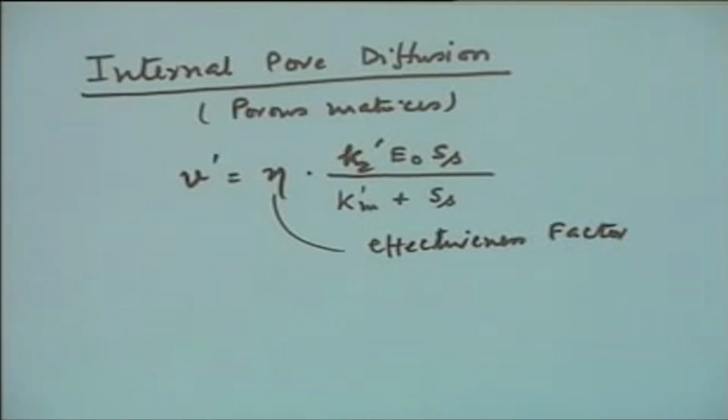This effectiveness factor is essentially the ratio of the rate of actual reaction in the matrix to the maximum reaction rate obtainable if there were no pore diffusional resistance. A physical, conceptual picture: take a particle of, let us say, 1 millimeter diameter and determine the reaction rate, and then take a particle of, let us say, 10 or 20 microns diameter, in which the pore length is very small.